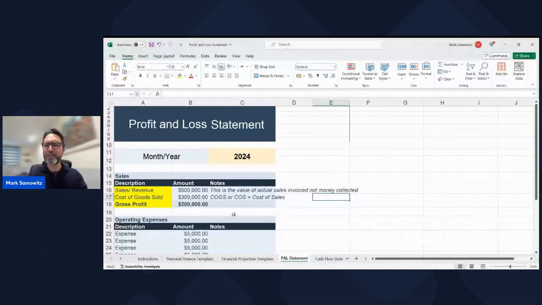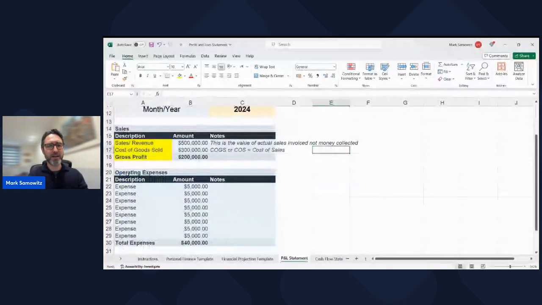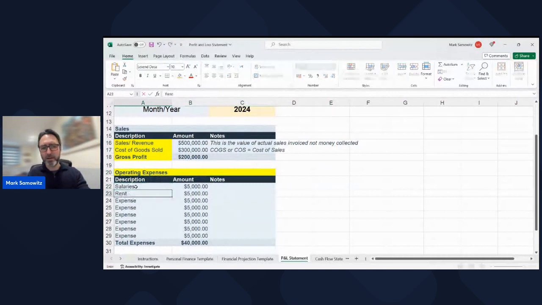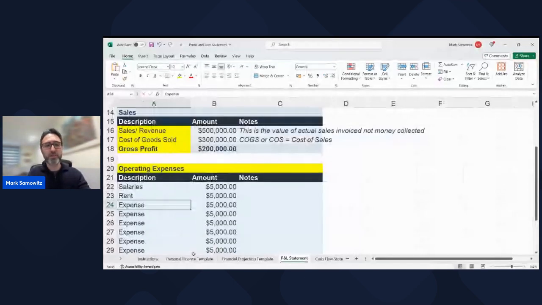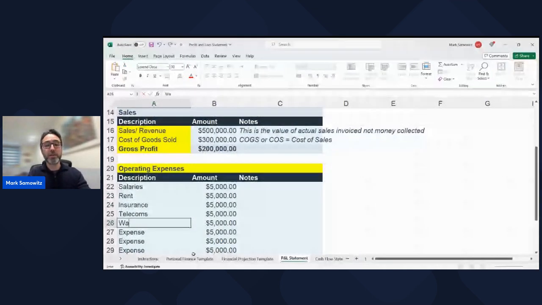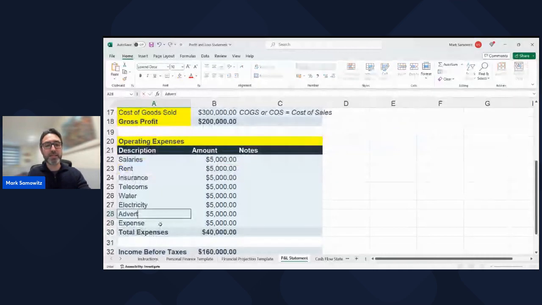So where do all those other expenses come? They then come down here under operating expenses. So this is where we would have our salaries and our rent. What else? We would have some insurance. We would have telecoms. We would have water. We would have electricity. Advertising, transport.